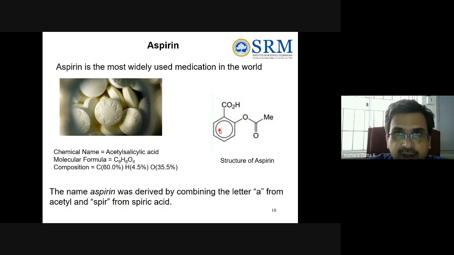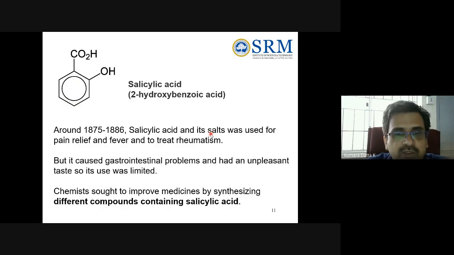Spiric acid is salicylic acid, hydroxybenzoic acid, which everyone might be aware of already. Around the year 1875, when this was first found, only salicylic acid and its salts, like sodium salicylate, potassium or ammonium salicylates, were used as pain relief, to reduce temperature, and to treat rheumatism.